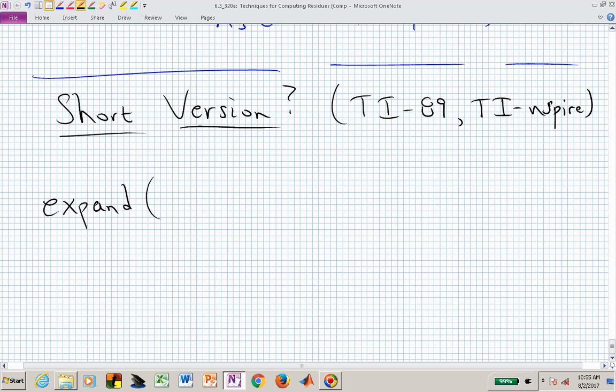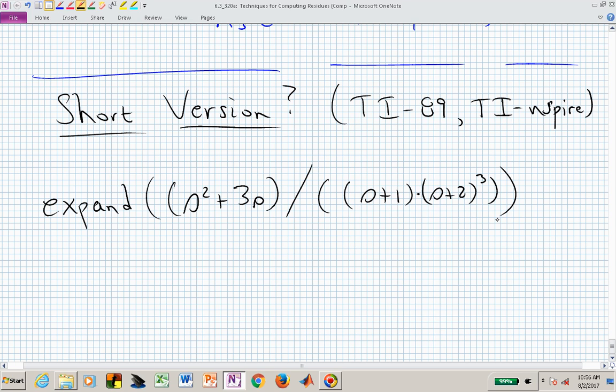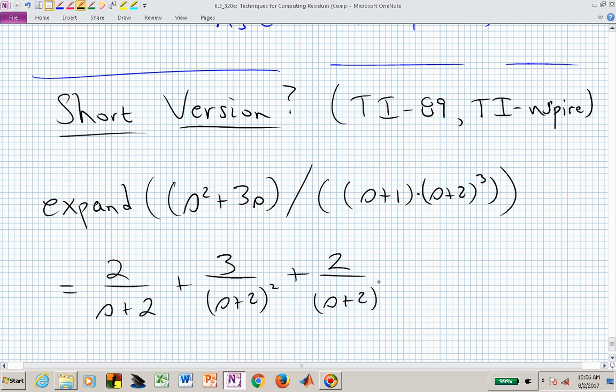Now you would just say expand s squared plus 3s as the numerator divided by s plus 1 times s plus 2 cubed, close up all of the brackets, and that will produce 2 over s plus 2 plus 3 over s plus 2 squared plus 2 over s plus 2 cubed minus 2 over s plus 1.